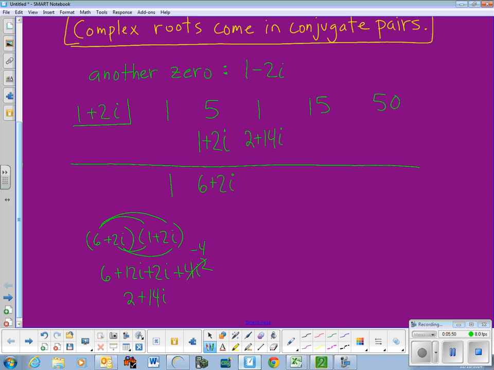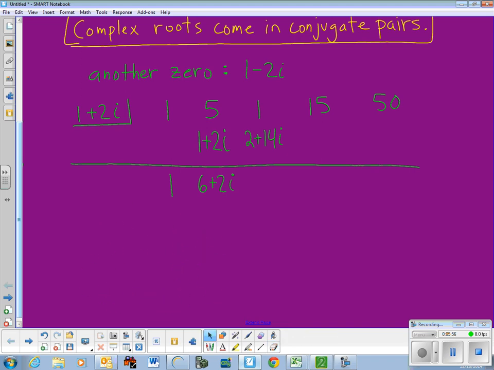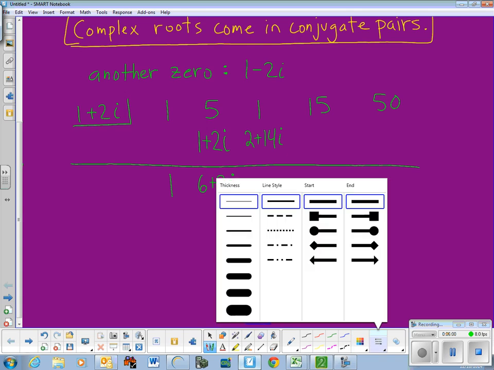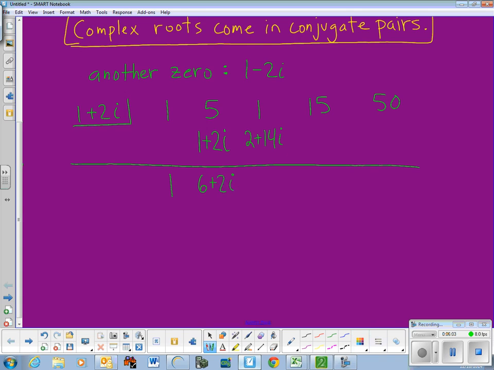All right, so don't erase that work from the margin of your paper or wherever, but it's kind of in the way on my screen, so I'm going to get rid of that. And continue. 1 plus 2 plus 14i, 3 plus 14i. Just add the real parts. I'm going to kind of speed this one up a little bit. When I multiply this by this, I'm going to FOIL again, but I'm going to kind of FOIL in my head.